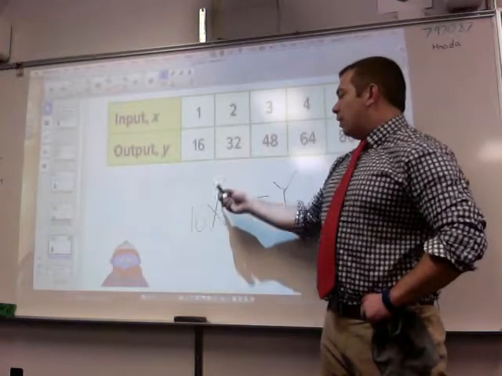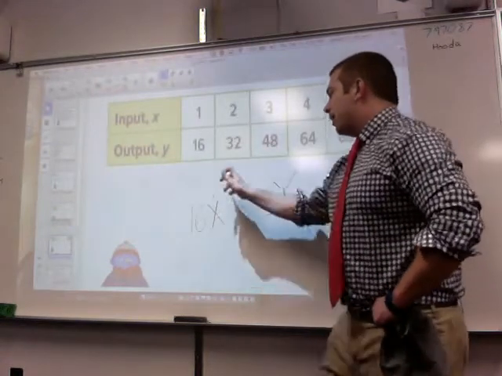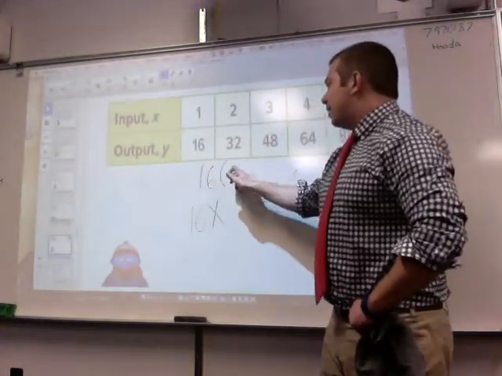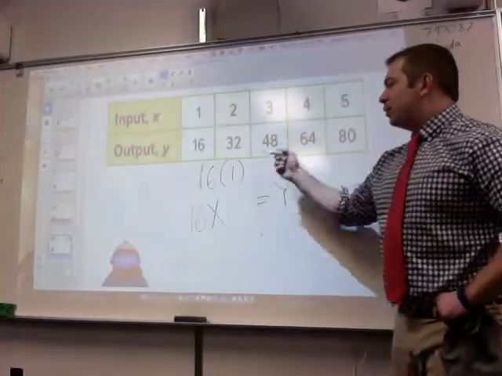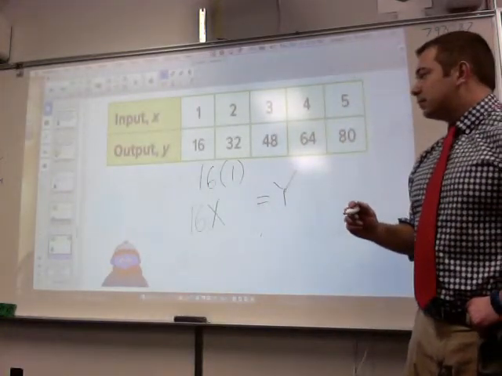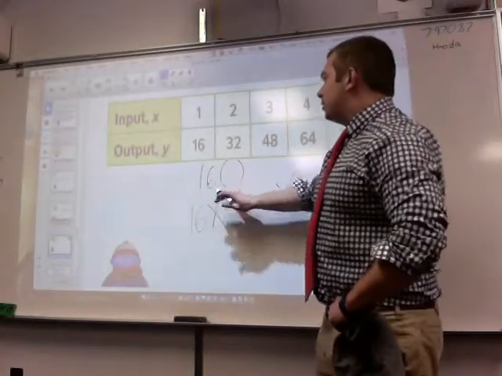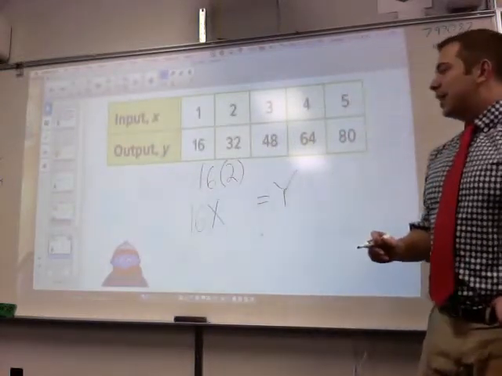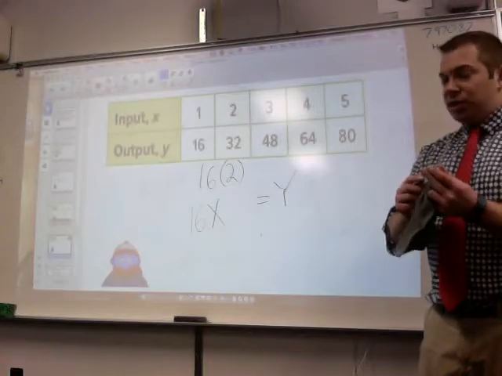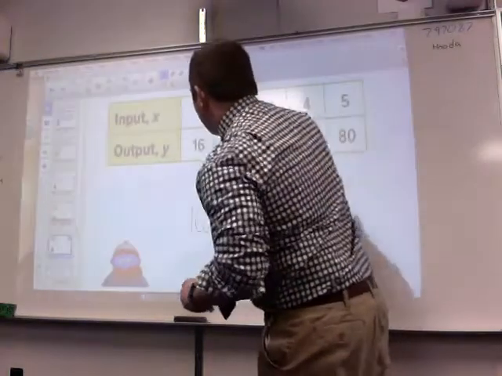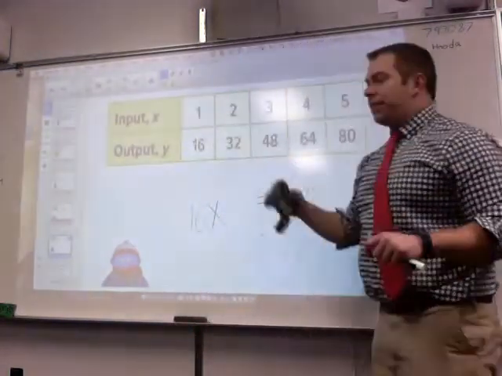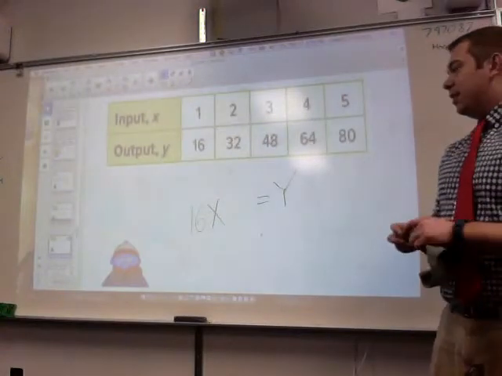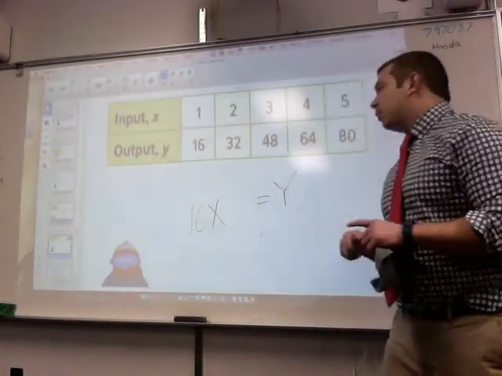So 1, now I plug in my 1, so now I would get 16 times 1. Does that equal 16? It does. Now, for my next number, 16 times 2. Does 16 times 2 equal 32? You betcha. So, my equation for this function is 16x equals y.